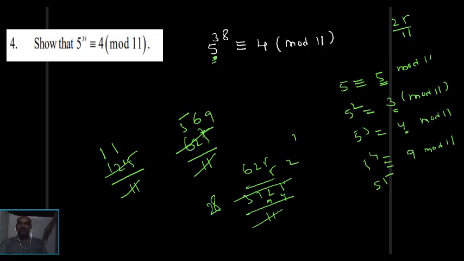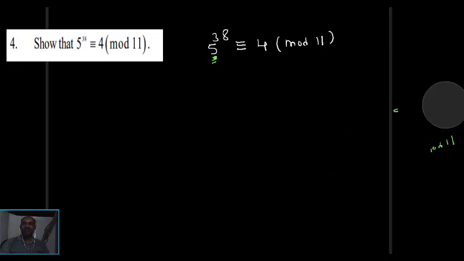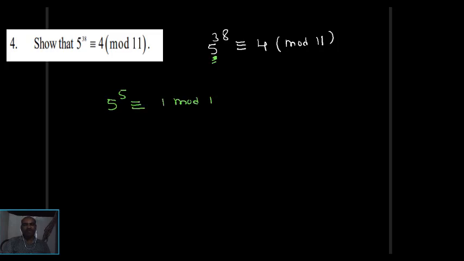So what is the meaning of that? 5 power 5 is congruent to 1 modulo 11. Observe that the nearest exponent of 5 that leaves remainder 1 is 5. So 5 power 5 is congruent to 1 modulo 11.